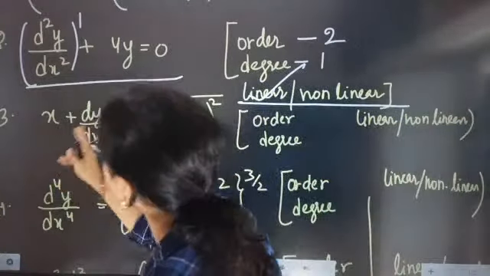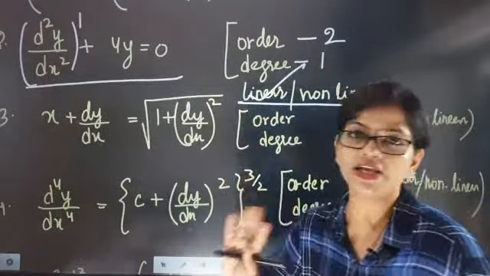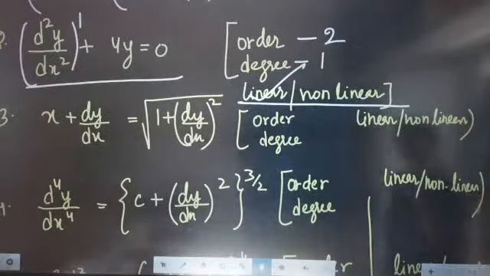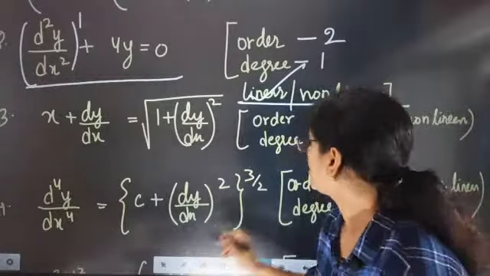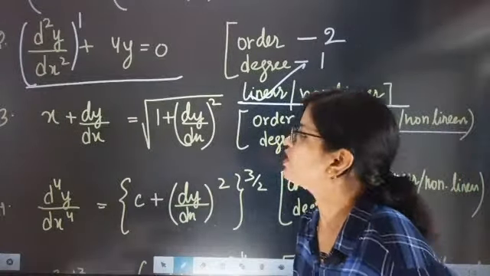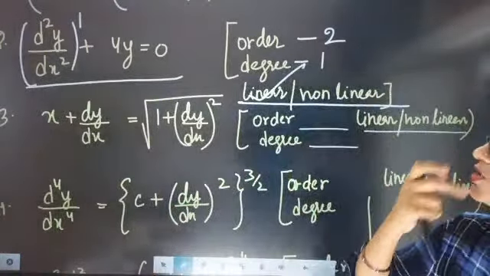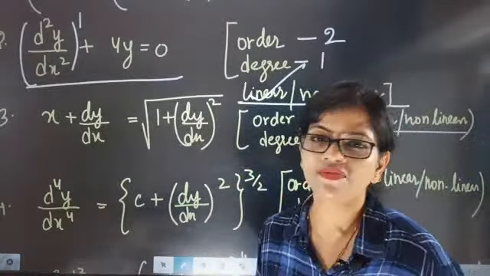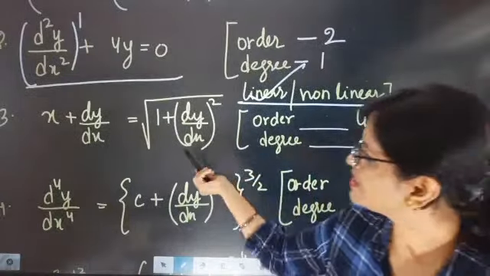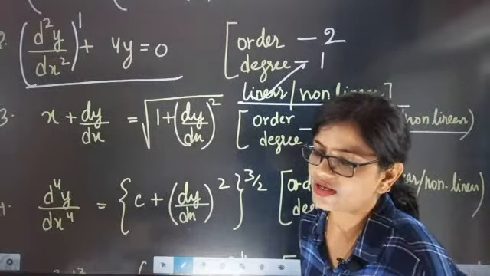x plus dy by dx equal to root under 1 plus dy by dx whole square. Order, degree, linear, non-linear. Check this one out. What is the order? I told you, I have exactly given you this question. So now the first work you have to do is, by checking the content itself, you can say whether it is linear or non-linear.